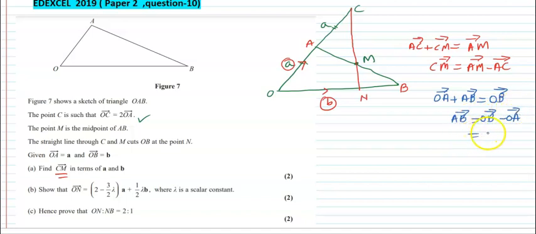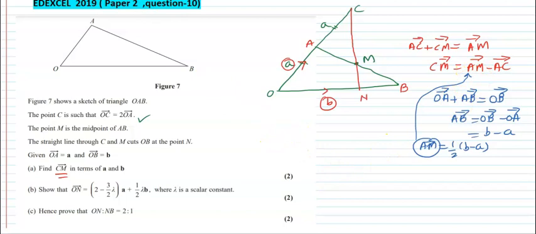OB is B, OA is A, so AB is B minus A, and as AM is half of AB, AM will be half of B minus A. Now put this AM here, so we'll get CM.